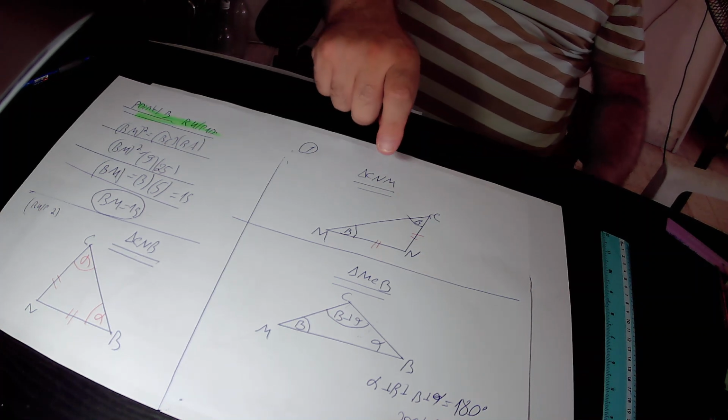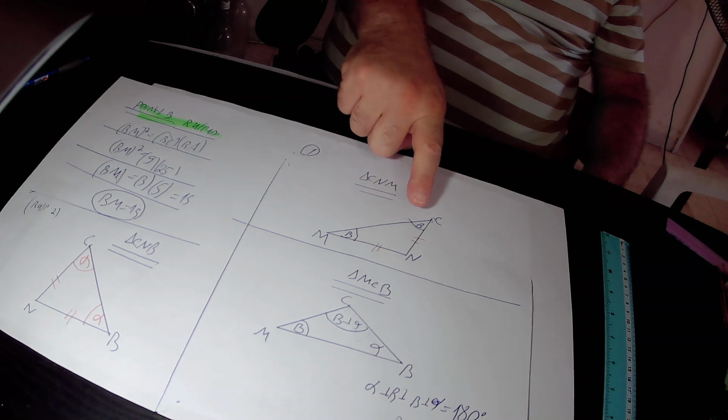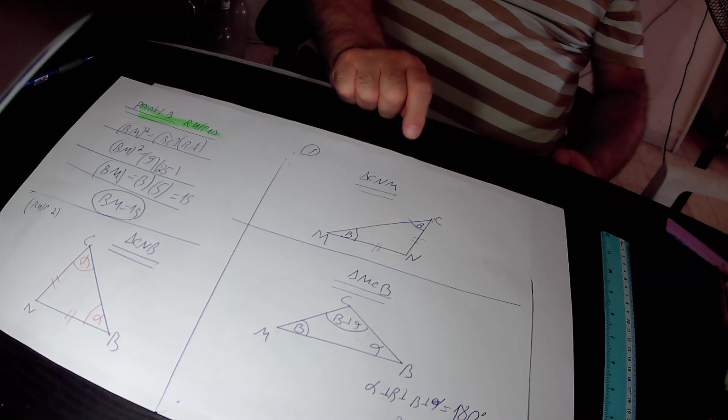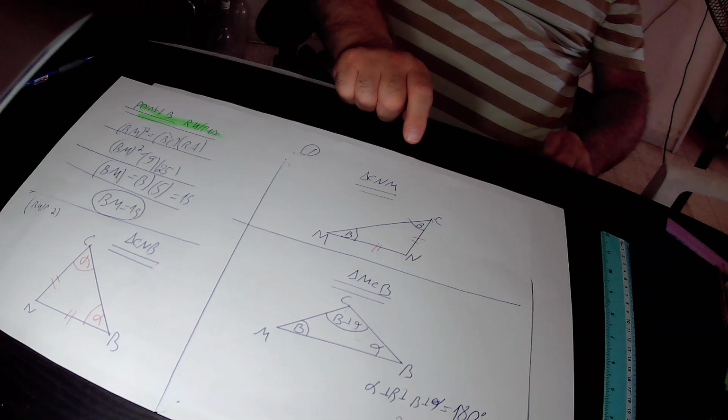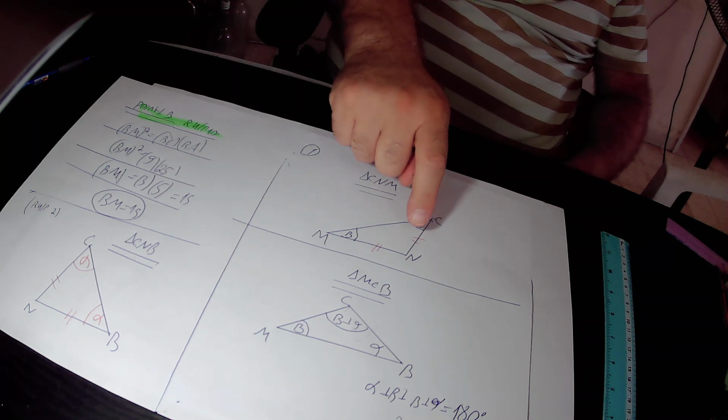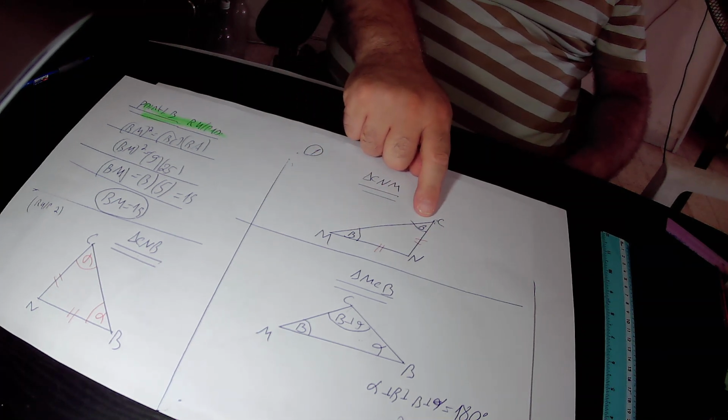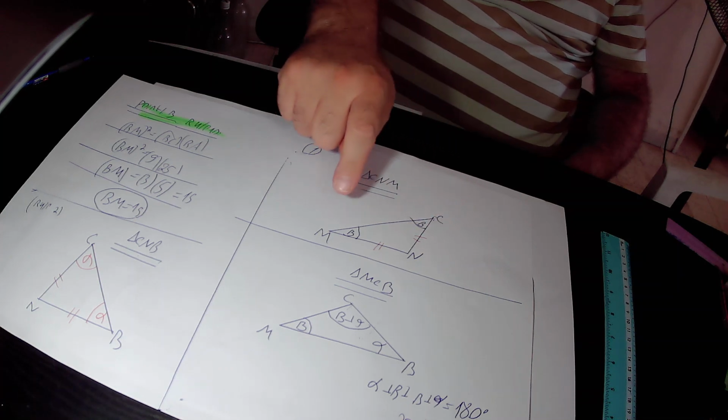According to rule 2, side NM equals side NC. And according to the same rule that I already mentioned, in front of equal sides in the triangle there are equal angles. In front of this side NM we have this angle, in front of this side NC we have this angle.